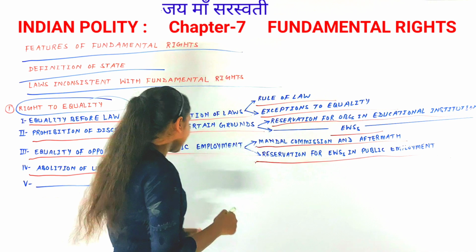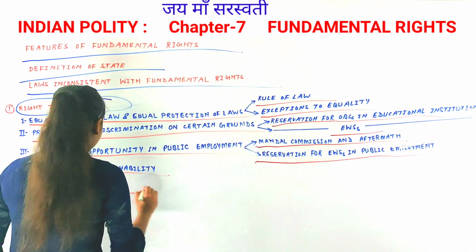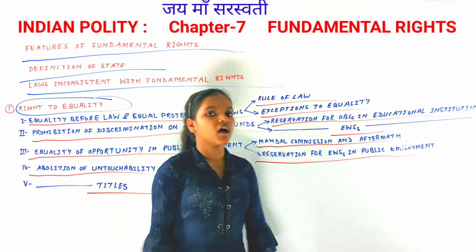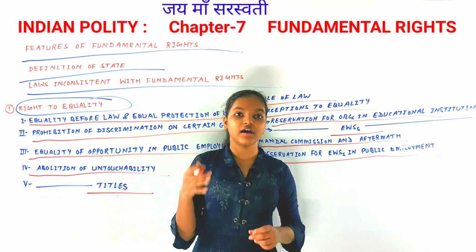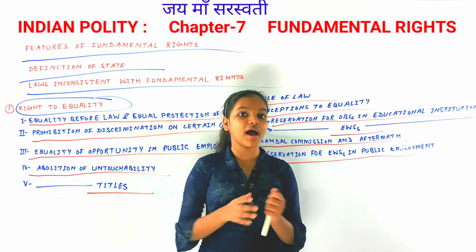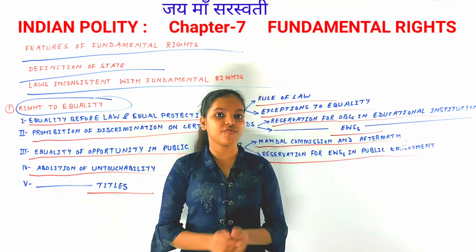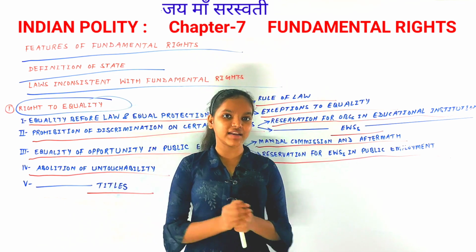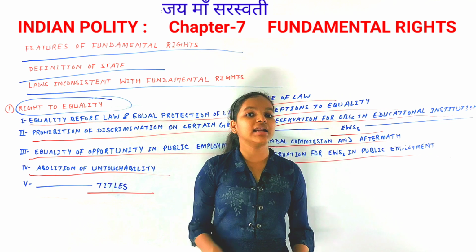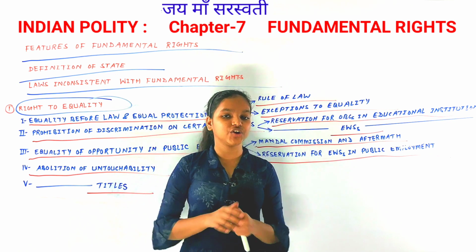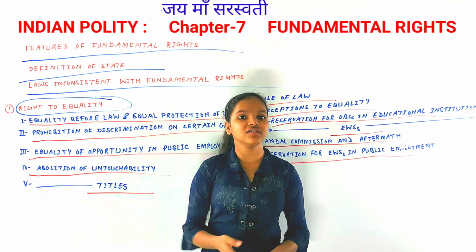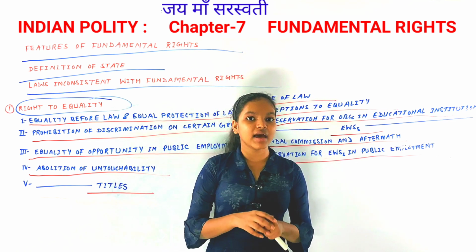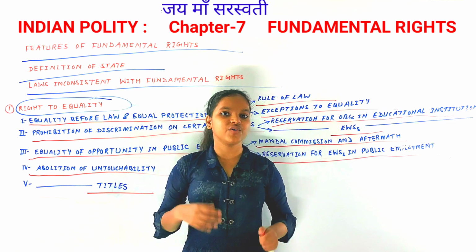So next and last is abolition of titles. Till now we have discussed up to Article 17, and now comes Article 18 of our first fundamental right, that is right to equality. Article 18 abolishes titles, and there are 4 provisions for this.